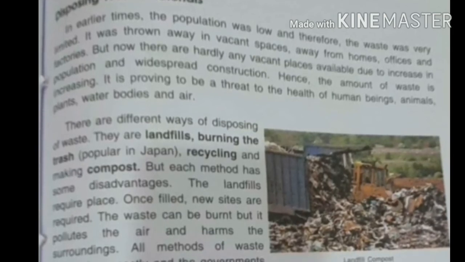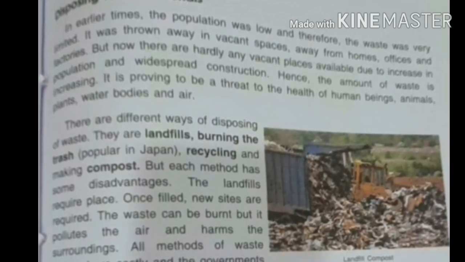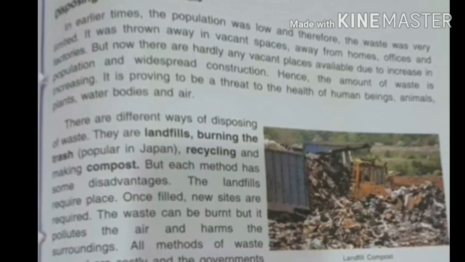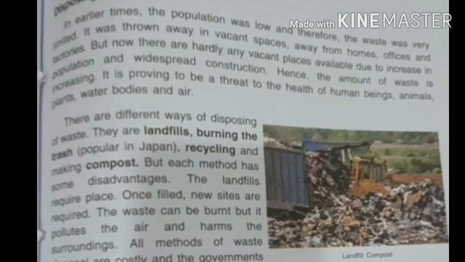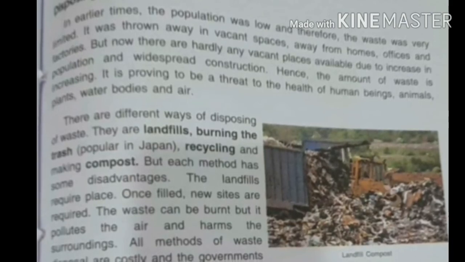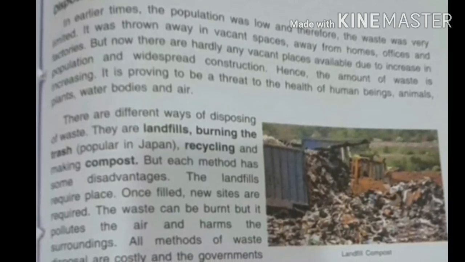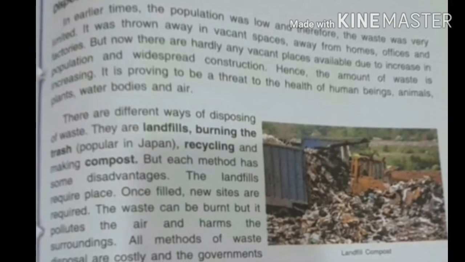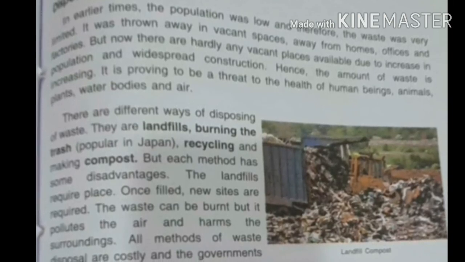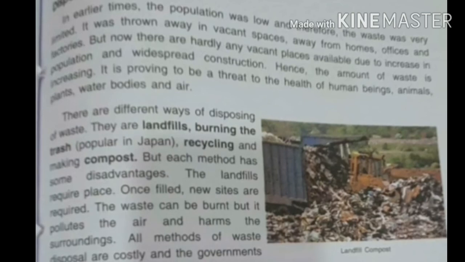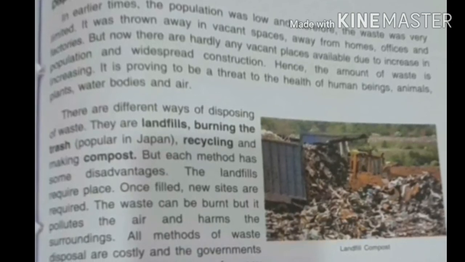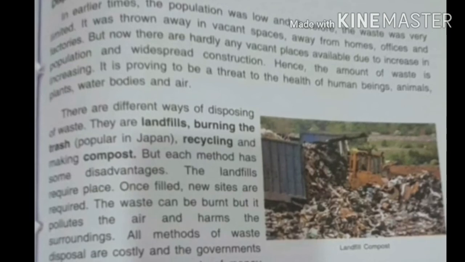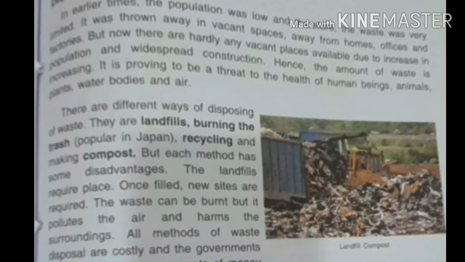Now let us learn how our government comes out of these problems. There are different ways of disposing of waste. They are landfills, burning of trash, recycling and compost. In a landfill, a pit is dug in which all of the garbage is dumped.